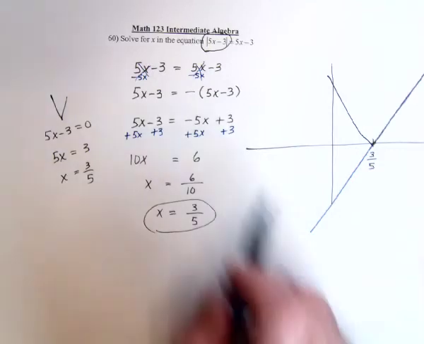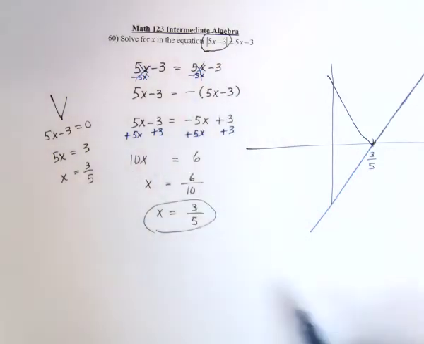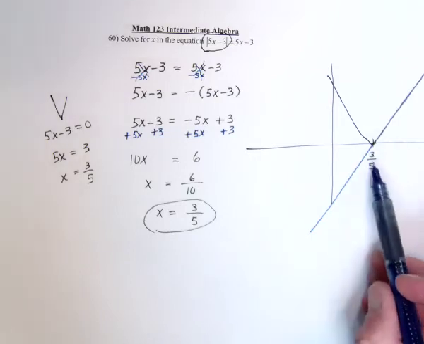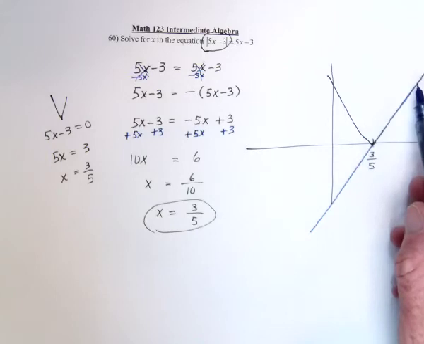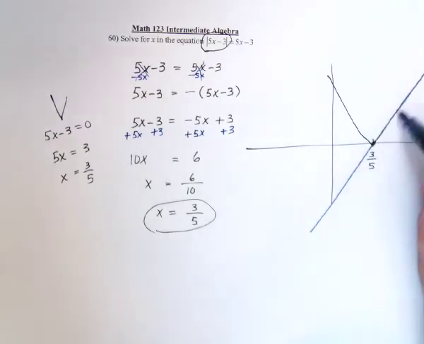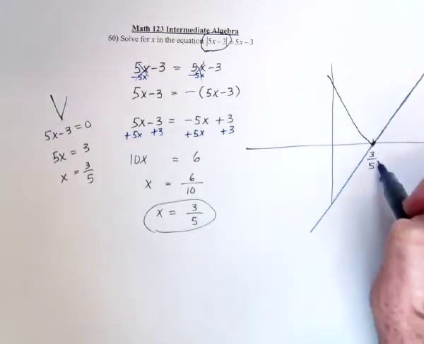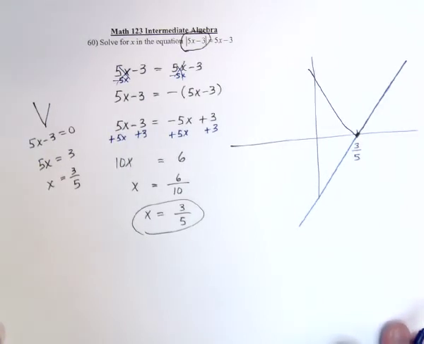So, when are the two equal? Well, if you take a look at the graph, when does the blue line hit the black V? Well, it happens to be from here to forever. That means that anything to the right of 3/5 will make the equation true.